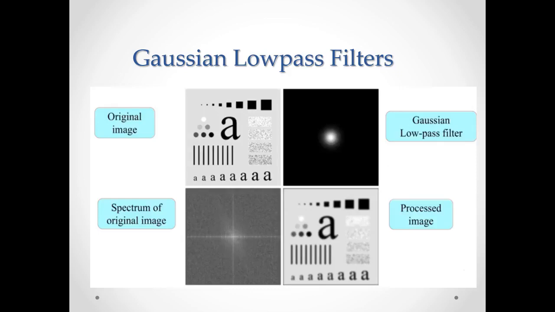The advantage of the Gaussian low pass filter is that it removes high frequency noise, and the advantage of the Gaussian high pass filter is that it removes low frequency noise. So, this is the advantage of the Gaussian low pass filter and Gaussian high pass filter.